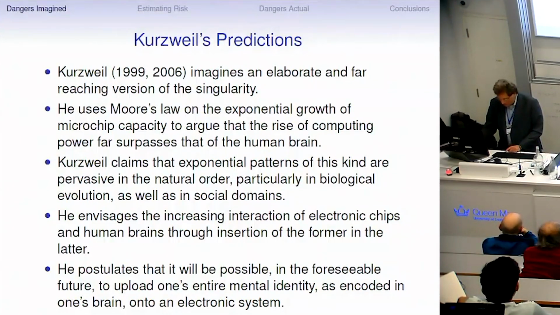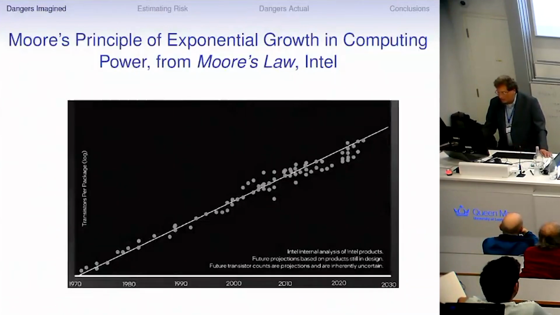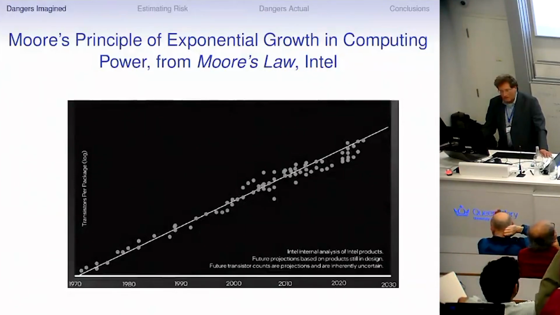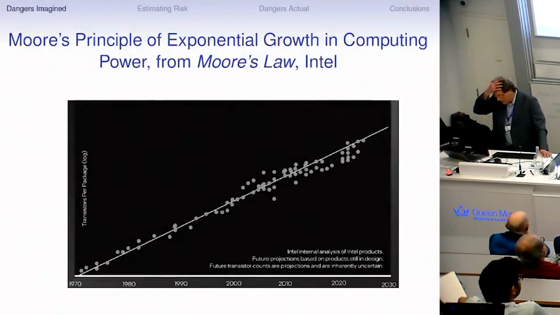So just to give you a sense of Moore's law, which actually has proven prescient, because he proposed it in the 60s, and it's held for well over 50 years. It's into its 60th year. And this is a graph from an Intel publication. Moore originally was an engineer working for Intel, which produced microchips and still does.